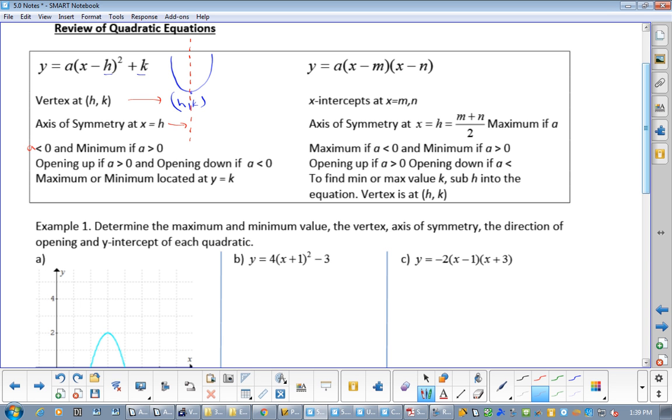What's the word for less than 0? Someone said it. It's negative. That's what less than 0 means. If a is less than 0, it will always be going down. And if a is positive, a is that number in the very front, then it's going up.